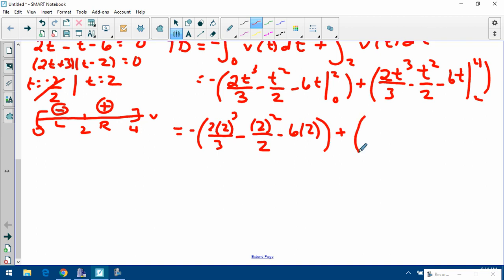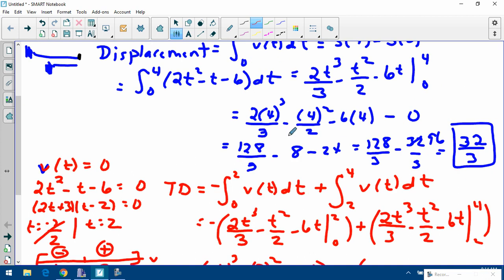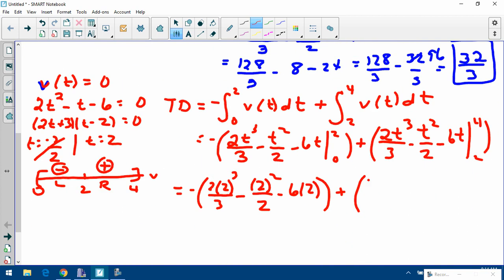Plus, over here, when I plug in 4, we already know that from up here, we got 32 thirds. So I can just say 32 thirds minus, plugging in 2 is going to be the same as this, so minus whatever I get from this piece. I'll fill that in a second.